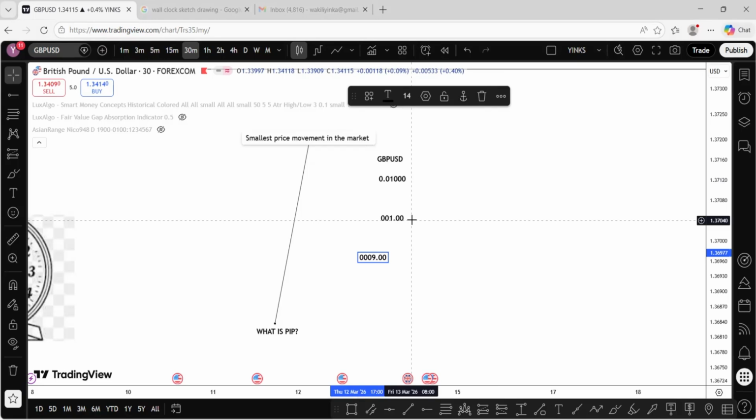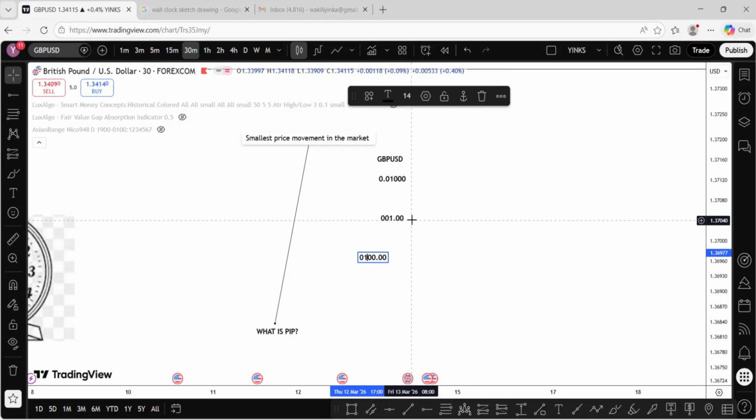So when you have another 10 pips added to this, automatically here turns 0, and then you have your 100 pips from here. 200 pips from here up until 900 pips. So where is your 1000 pips starting from? From the next 0. This is your 1000 pips. This is exactly how to know pips increasing in numbers for gold.